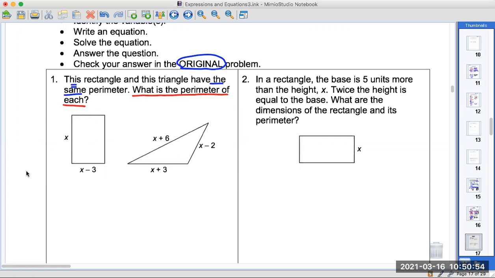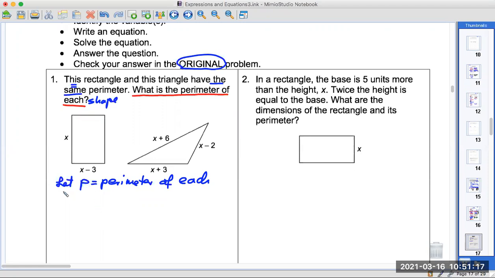So I'm going to say, let P be the perimeter of each shape, right? That's what they're saying, each shape. Rectangle, triangle.